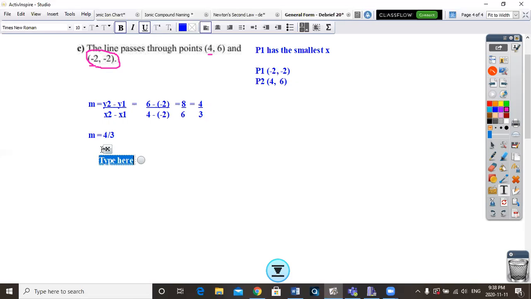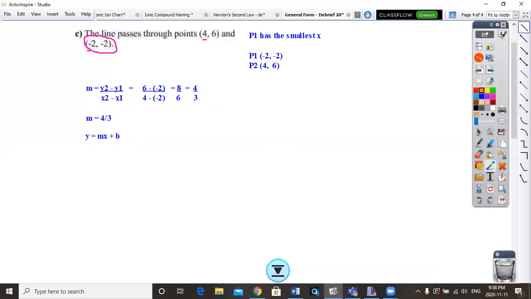Good. So now we're going to use the slope-intercept form, y equals mx plus b, and we're going to pick one of the points. I don't want to deal with negatives, so I'll use P2. It's fine. So put P2 into there, x and y.